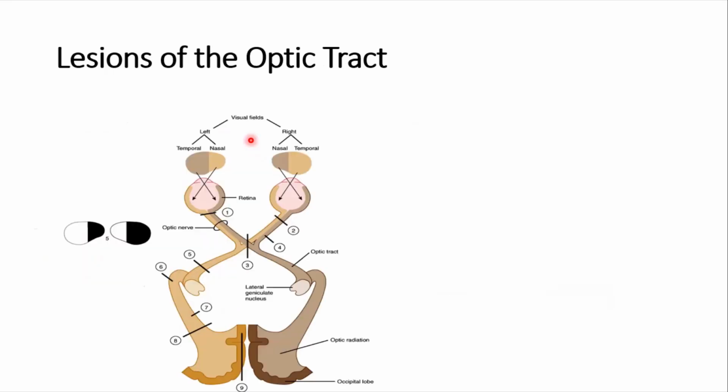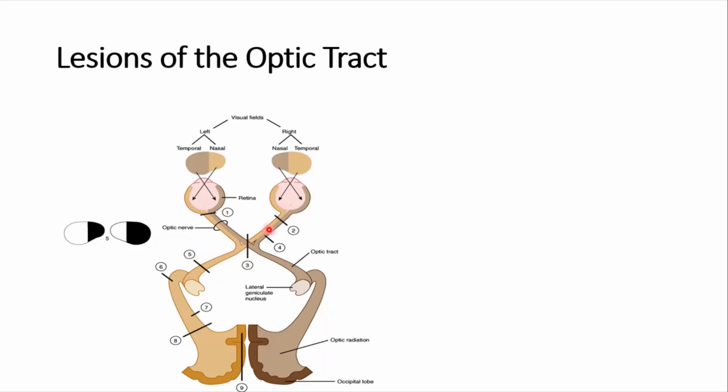Now, what happens in lesions of the optic tract? So look at number 5 here. What happens is the same side temporal fibers are getting affected, which corresponds to the nasal visual field in the left eye.